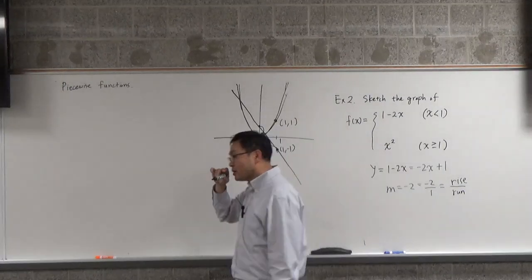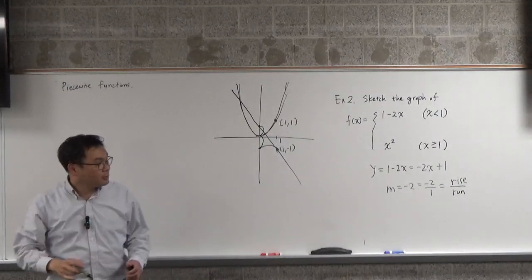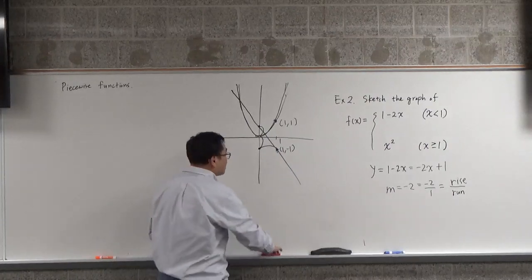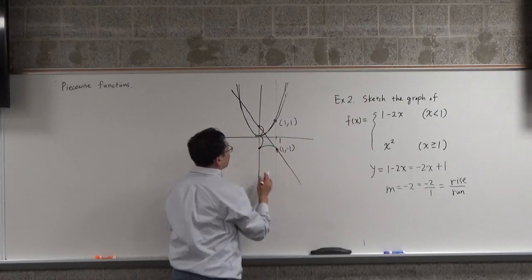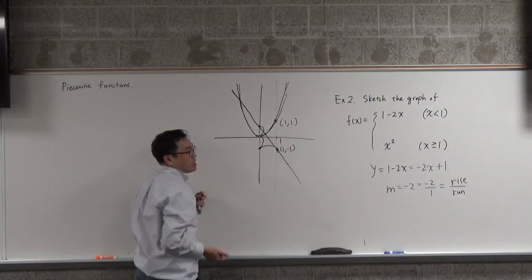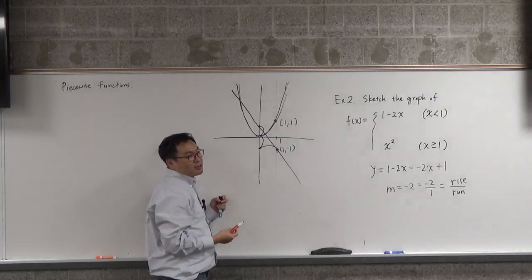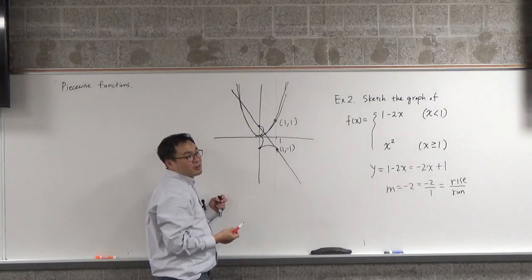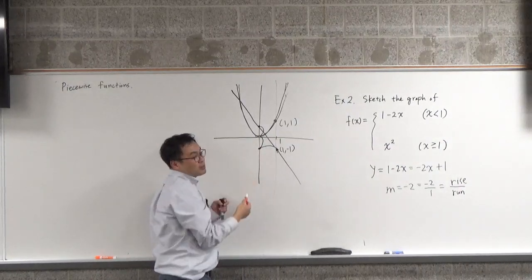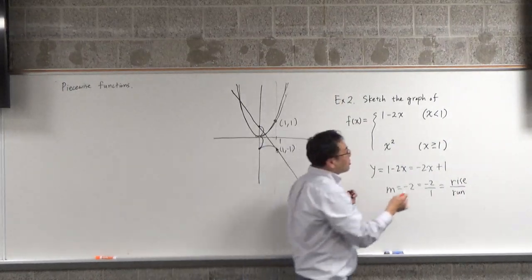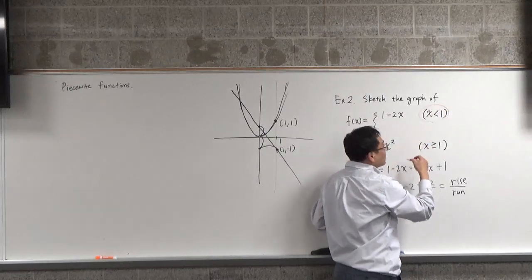All right. So let's now think about what happens before and after 1. On this side, on the left side of 1, which one do you keep? The parabola or the line? You keep the line.